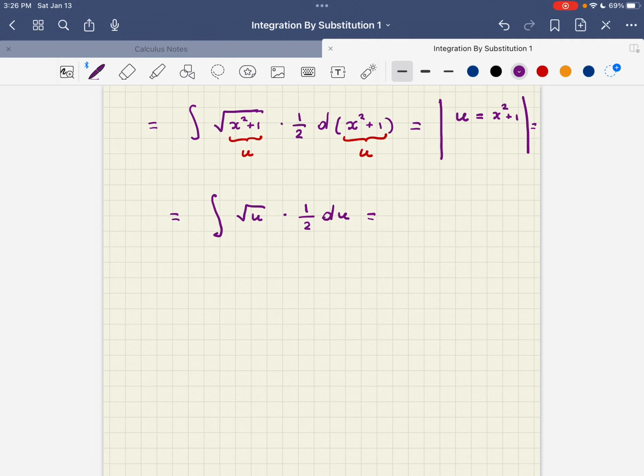We now have a much simpler function to integrate. 1/2 is a constant which we can pull outside of the integral. And we can now complete this integration using the power rule, because square root of u is just u to the power of 1/2. And if we take that into account, we're integrating a power function.